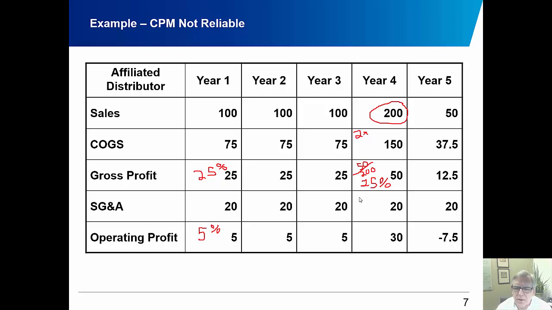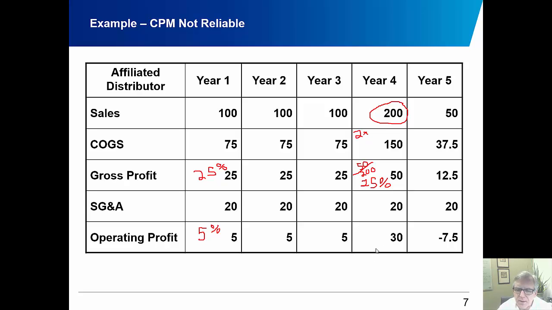Okay, so we would have thought 25%, let's say, was reasonable, but you notice down here now suddenly we have a big profit, much bigger than before. Our operating profit for this 1 year would be the 30 over the 200, right? So that's a very big operating profit, relatively speaking.